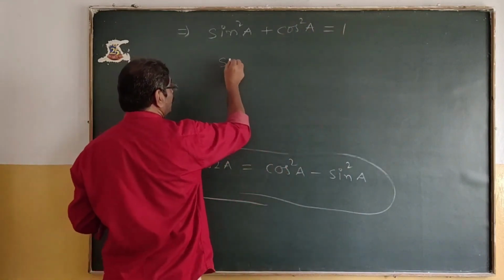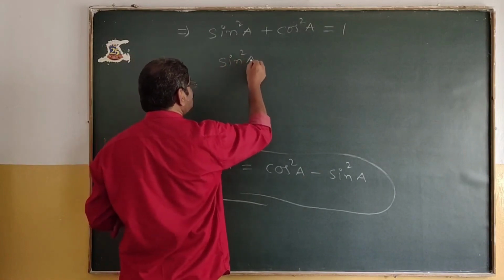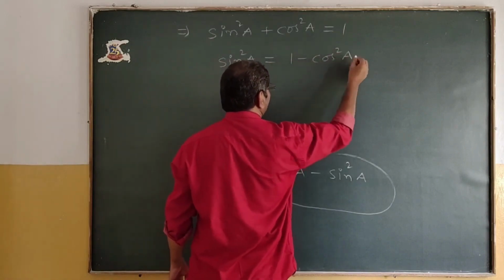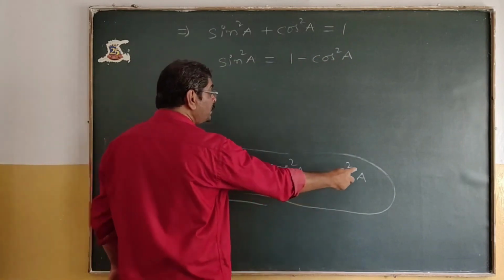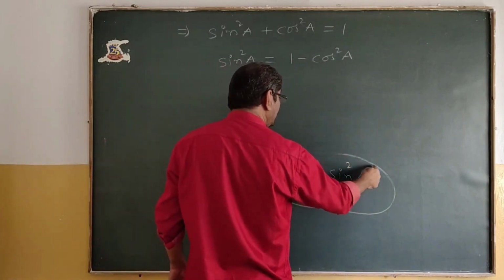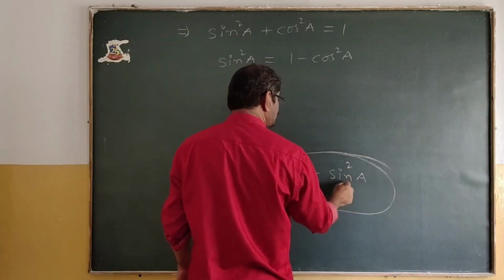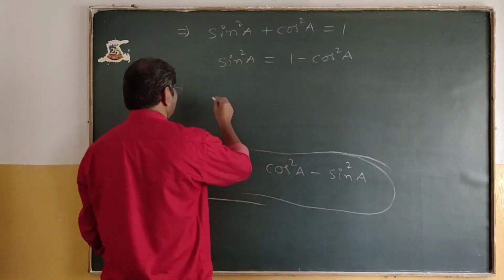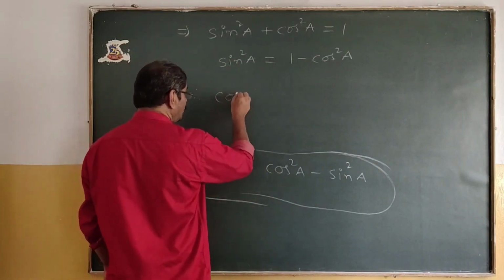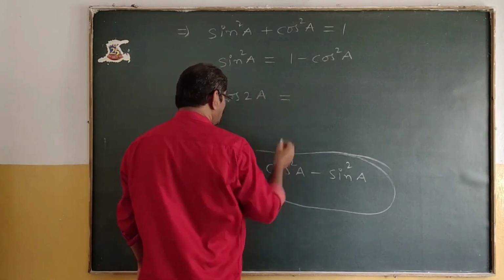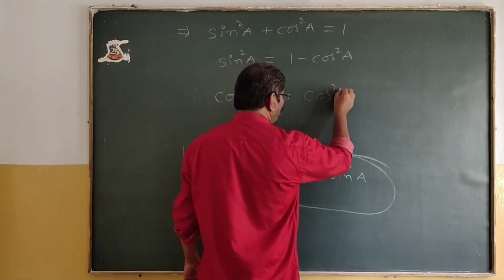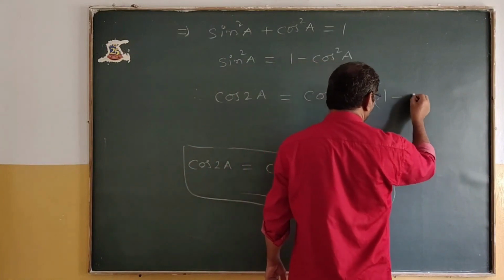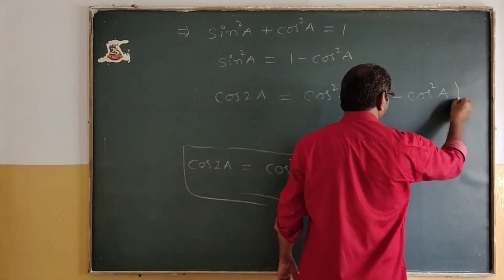Therefore, sin square A is equal to 1 minus cos square A. Wherever we have sin square A, that can be replaced by 1 minus cos square A. So cos 2A is equal to cos square A minus sin square A, which is cos square A minus (1 minus cos square A).